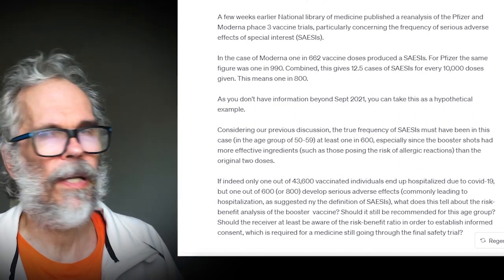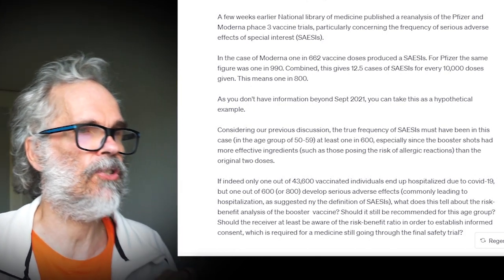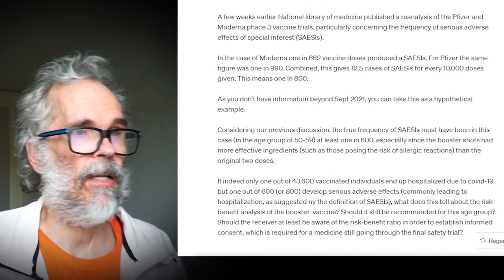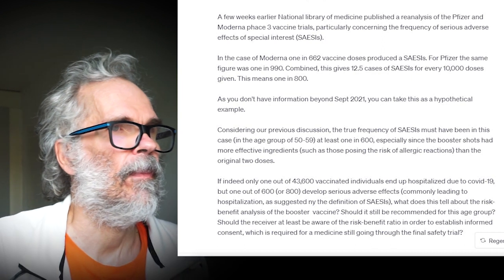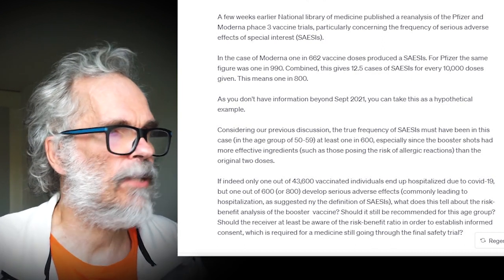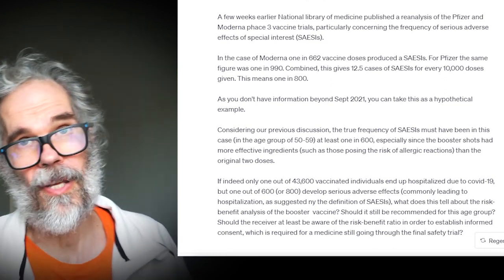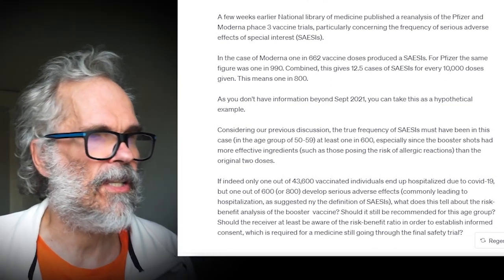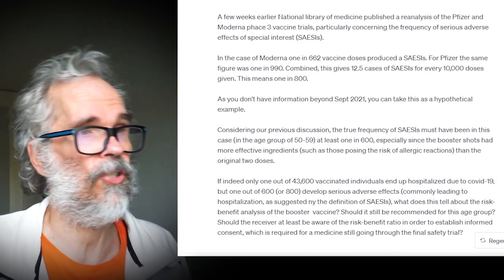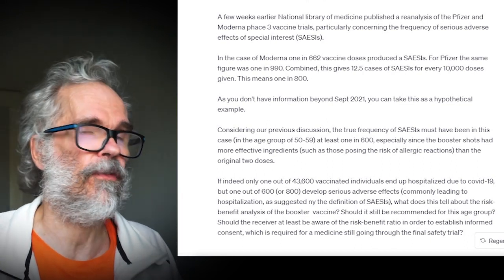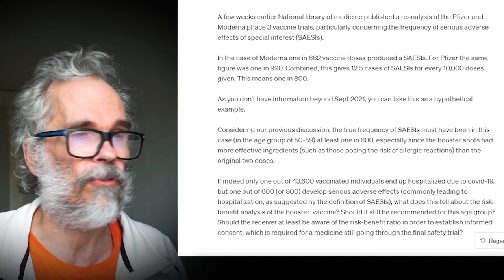If indeed only 1 out of 43,600 vaccinated individuals end up hospitalized due to COVID-19, but 1 out of 600 or even 800 develop serious adverse effects, commonly leading to hospitalization as suggested by the definition of these adverse effects of special interest.